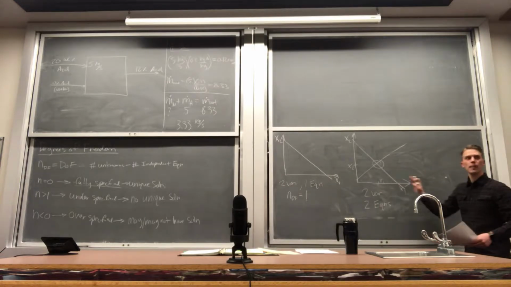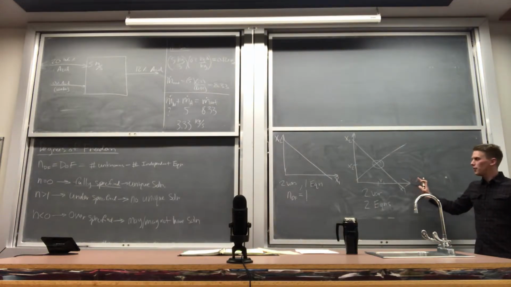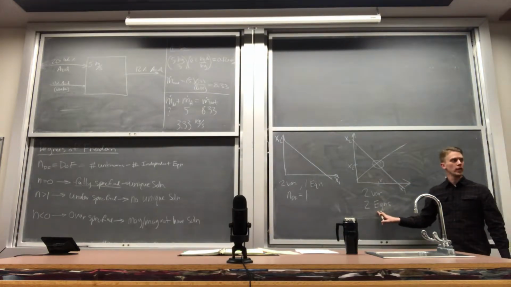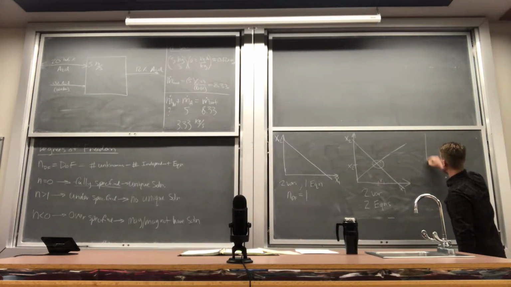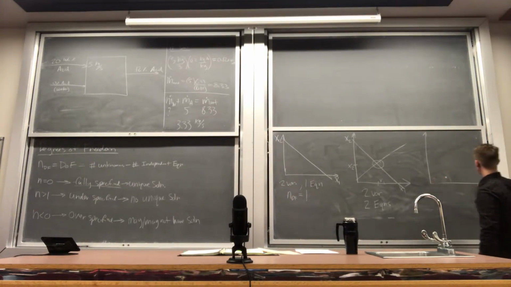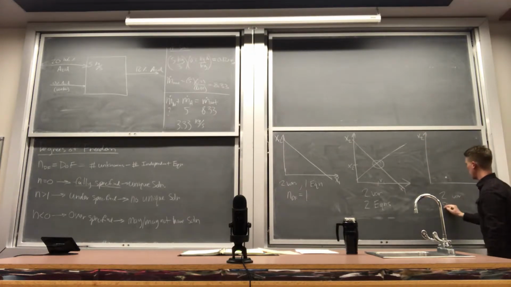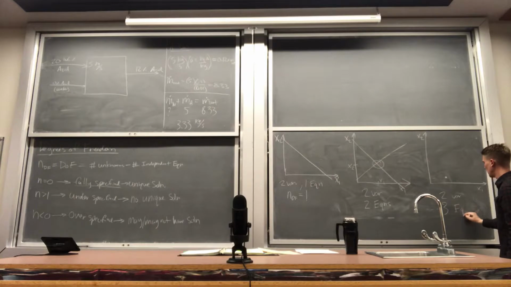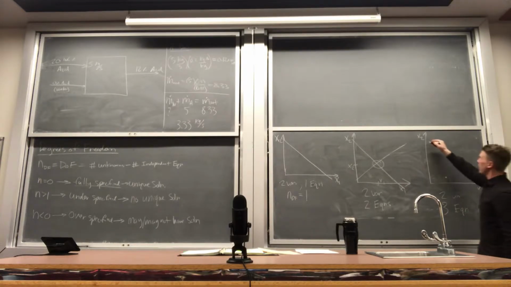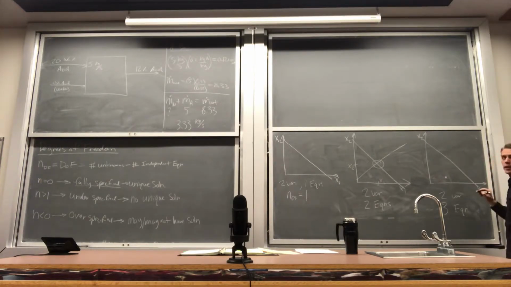So let's push it one step over more. What if we have two variables but three equations? So in this case, we're going to say we have two variables, our x1 and our x2, and we'll have three equations. So we'll have one that potentially goes like this, one that potentially goes like this, and then maybe we have a third one that's like that.